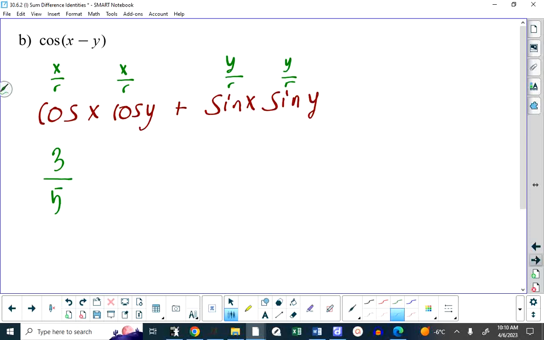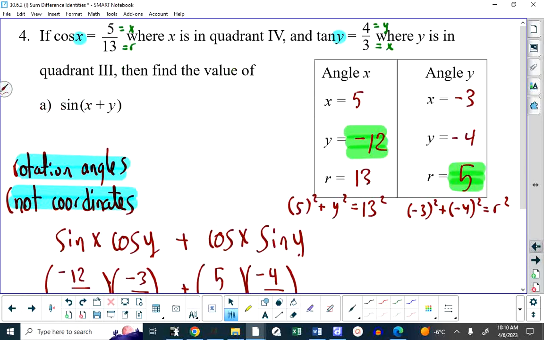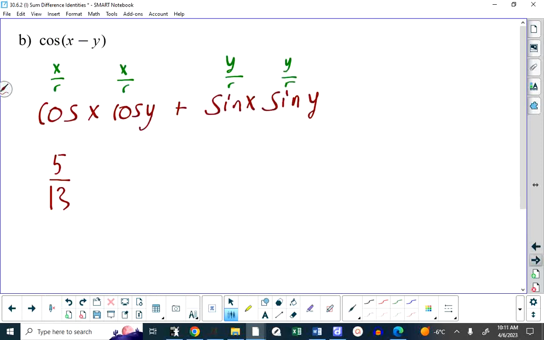Oh, I got them backwards. Is it 5 over 13? Correct? Okay, sorry, I've got them backwards. Can you confirm that cosine of angle y is negative, I better look, I was going to get it right anyway, negative 3 over 5. Okay, negative 3 over 5.